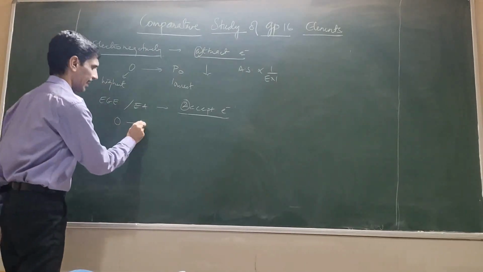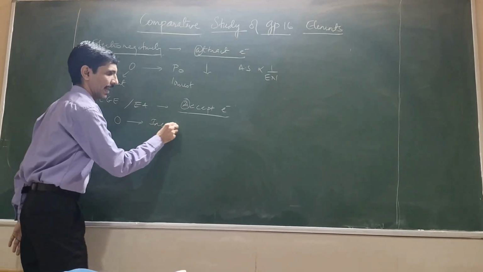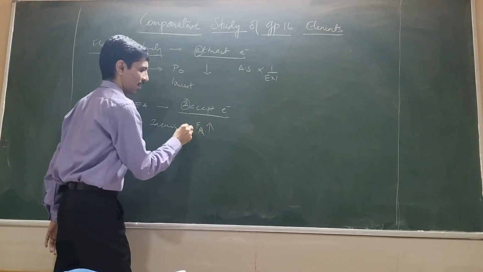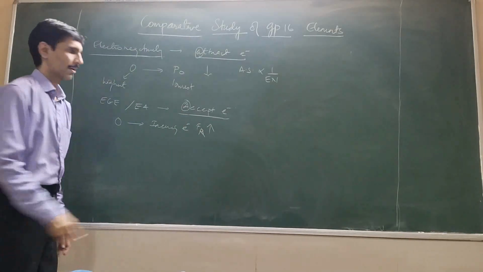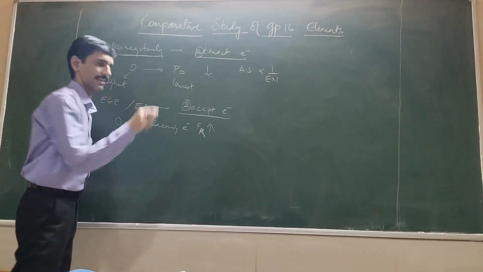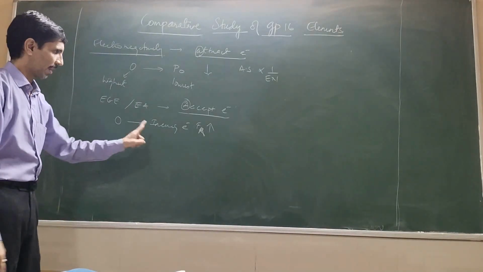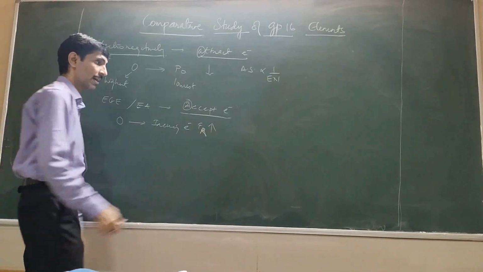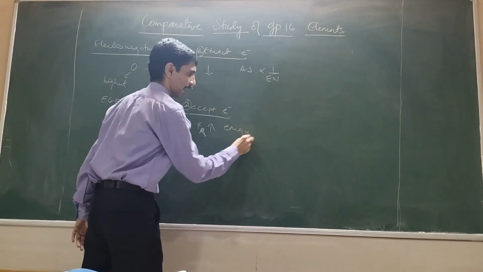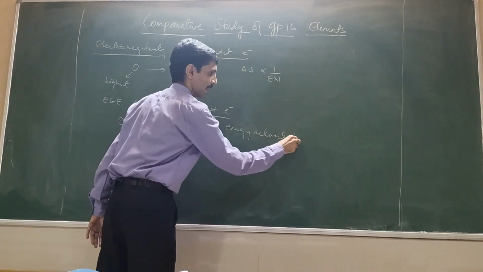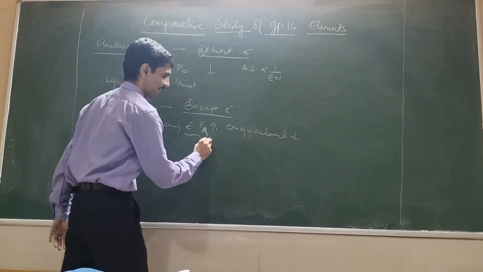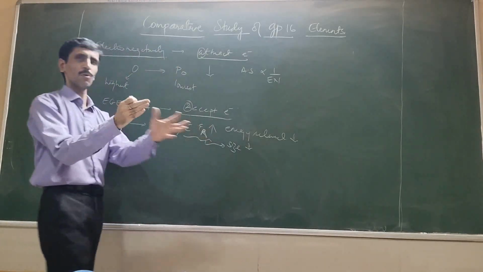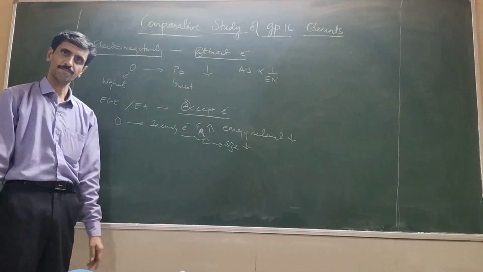Okay, so in case of oxygen, the incoming electron experiences a greater force of repulsion by the electrons already present in the oxygen. The reason is very simple, because the size is less. So electrons are very close, and therefore the repulsions are very high.